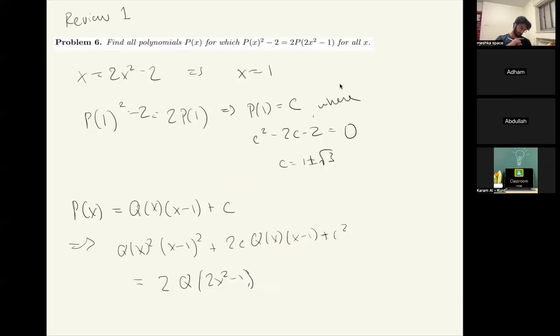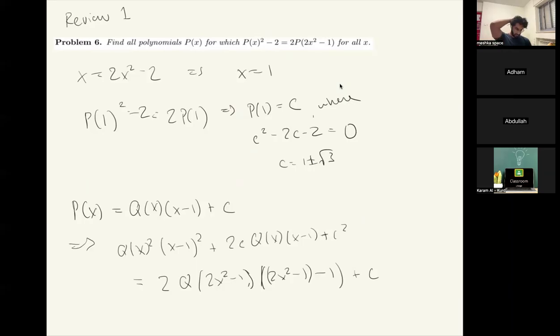Okay, so that's true. Yeah, so what happens? It means 2 q of 2x squared minus 1, but times 2x squared minus 1 minus 1, plus c, yes? Is that right? Yeah, is this correct? You guys understand what I did here?